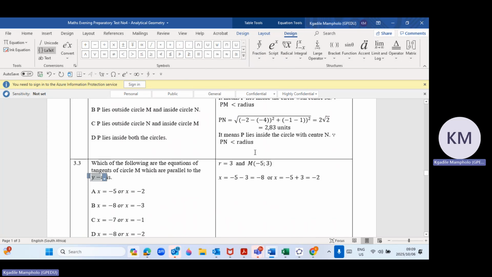When you get the one on the right, you'll say -5 plus 3, because the radii of the same circle are equal. It will be -5 plus 3, then x equals -2.